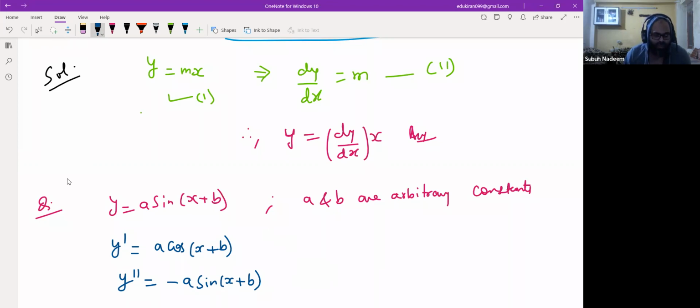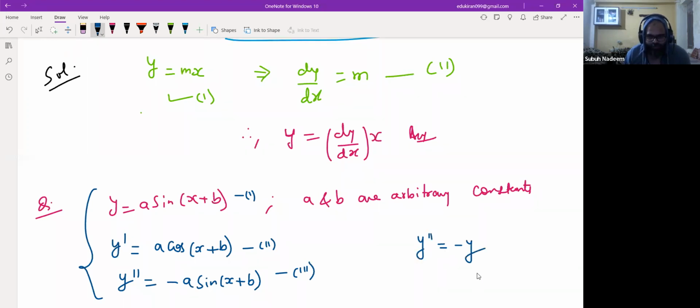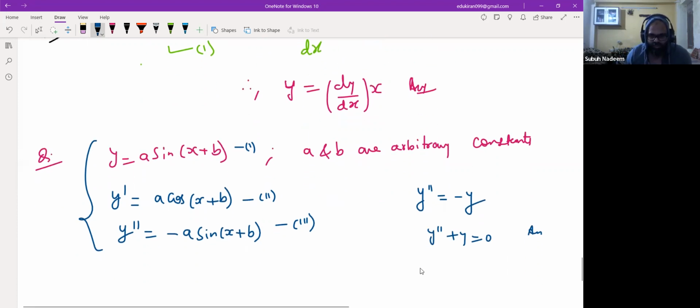If you see these three equations, the first and third will help you a lot. How? Can we write from first and third y double dash is equal to minus y? Can we write it like this? Yes, sir. Okay. So y double dash plus y is equal to 0 is your answer. That means you can write it as d2y by dx square plus y is equal to 0.